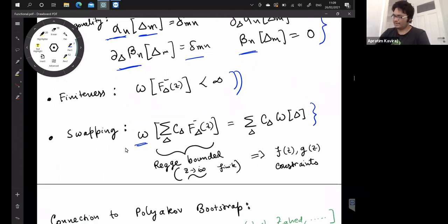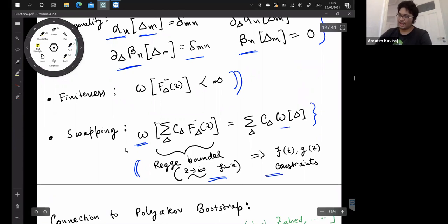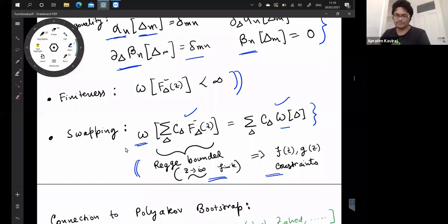And this is ensured by a property called Regge boundedness, which comes from the fact that a full correlator is always Regge bounded in this limit. So the kernels must be such that their action on the individual blocks and the full correlator are both finite. This is ensured by looking at the Regge boundedness condition of the correlator.